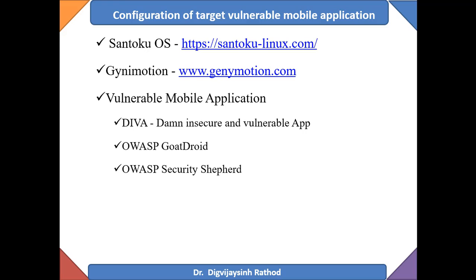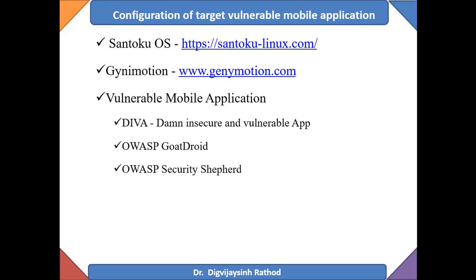The second option could be to use the Android Virtual Device AVD option, which is available in the Santoku operating system itself. The third, which I would say is the best one, is Genymotion.